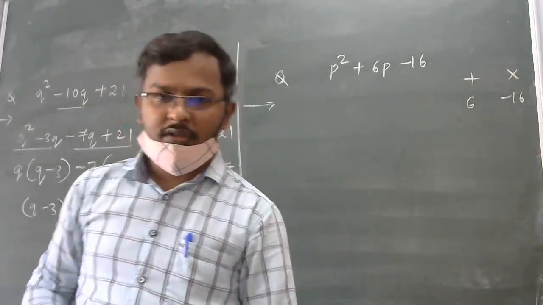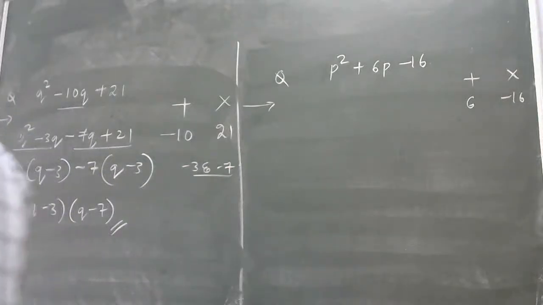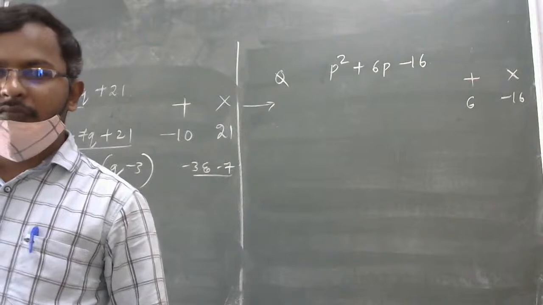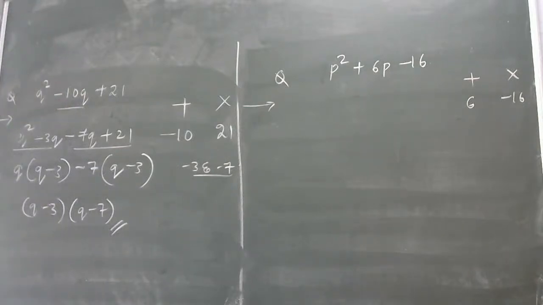So the answer. Which number is it? Product is minus 16. So when we get a negative value, 8, minus 8, minus 2.